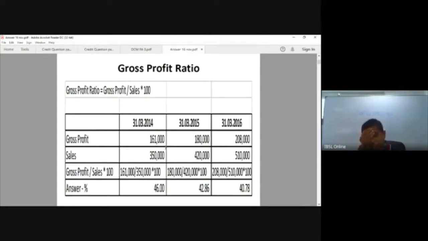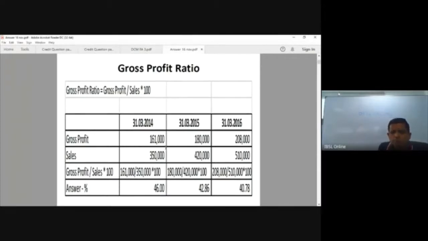For the first year, 2014, no need to take any averages because both points are from the same statement. 161,000 divided by 350,000, the GP ratio is 46%. For 2015, in the same way, you can calculate it's 43%. For 2016, it's 41%.